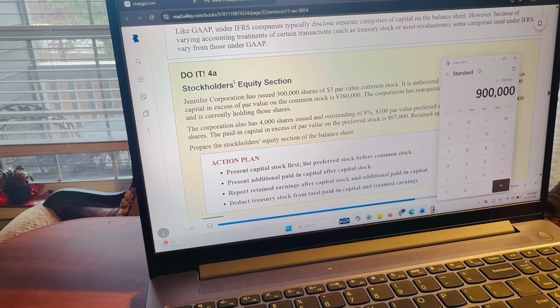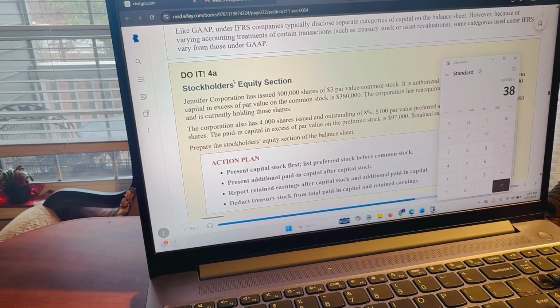And what we want to do right now is determine what the total price per share is. And that total price per share is composed of both the paid in excess of par value and the par value itself. So in order to determine what the total price per share is, we need to add those two together and then divide by the total number of shares issued.